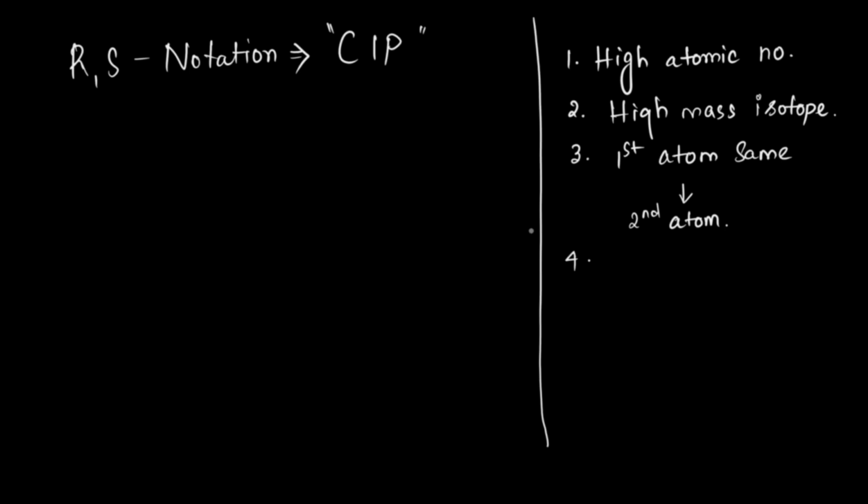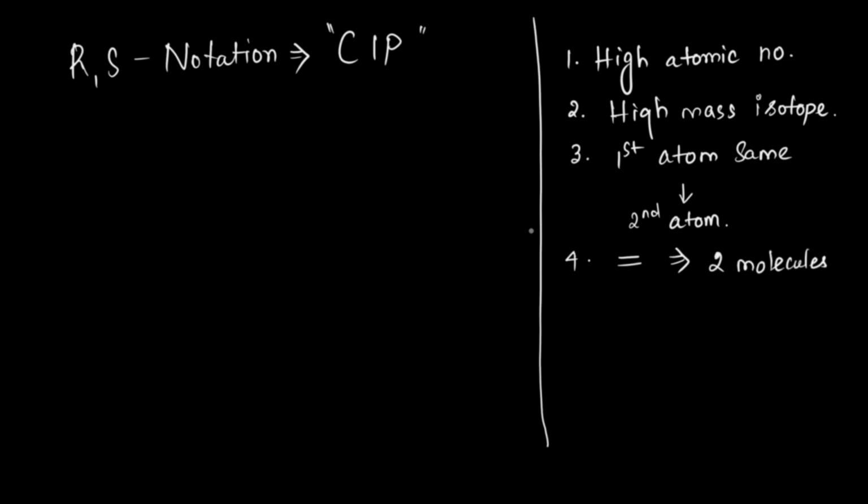Fourth rule, groups containing double and triple bonds are assigned seniority as both atoms are duplicated or triplicated. If I'm having a double bond, which means that I'm having two atoms of the same.